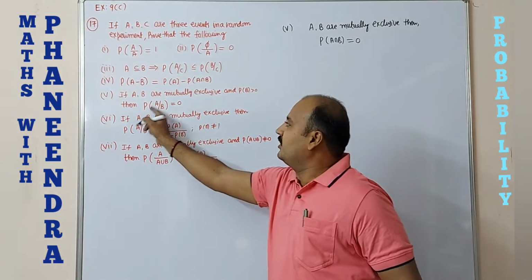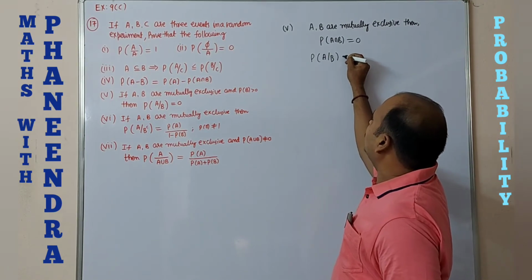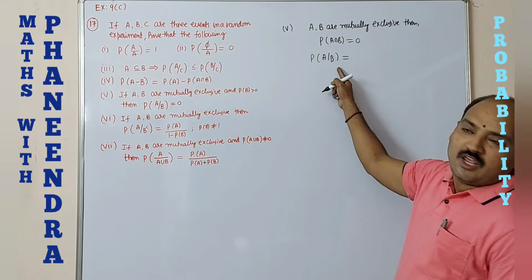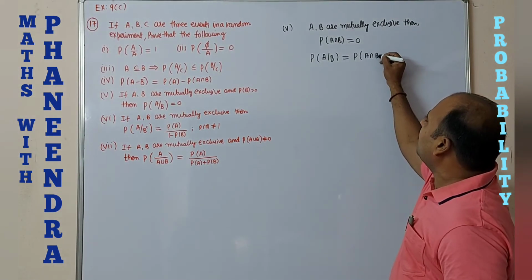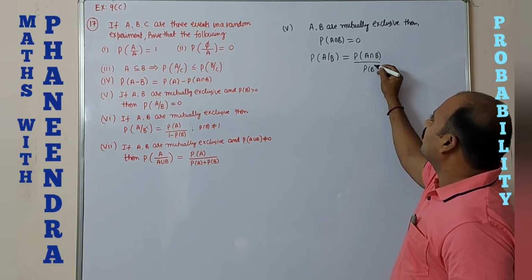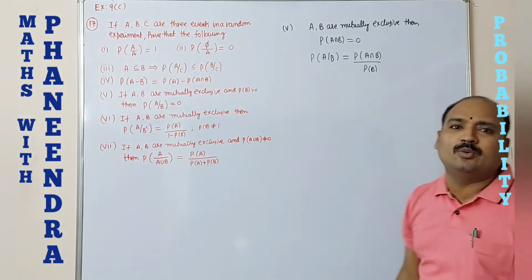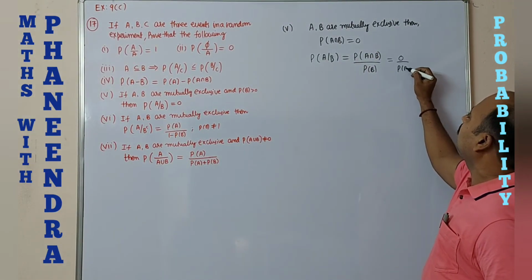Now come to the question. P of A given B is equal to 0; they are asking to prove this result. I will prove it. P of A given B, by definition of conditional probability, is P of A intersection B by P of B, provided that P of B is not equal to 0. They mentioned not equal to 0, meaning greater than 0. So whenever P of A intersection B is 0, 0 by anything is 0 only, no?